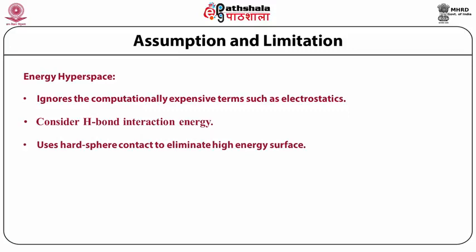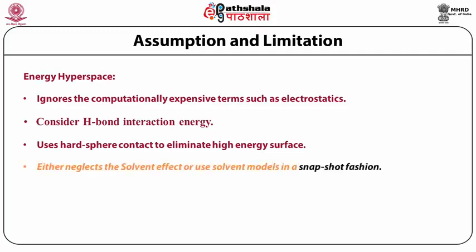So on one side we use this steric hindrance to reduce our conformational space searching, interaction space searching, and we use favorably our hydrogen bond energy in most of the cases where the interaction energies are calculated. Now, what happens is either it neglects solvent effect or it uses a limited solvent effect. This is where the limitation comes from, because of quick calculations.